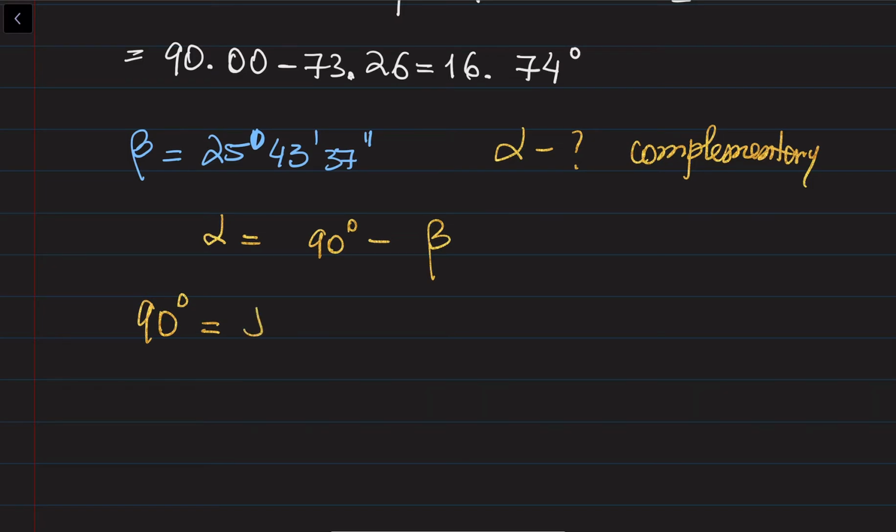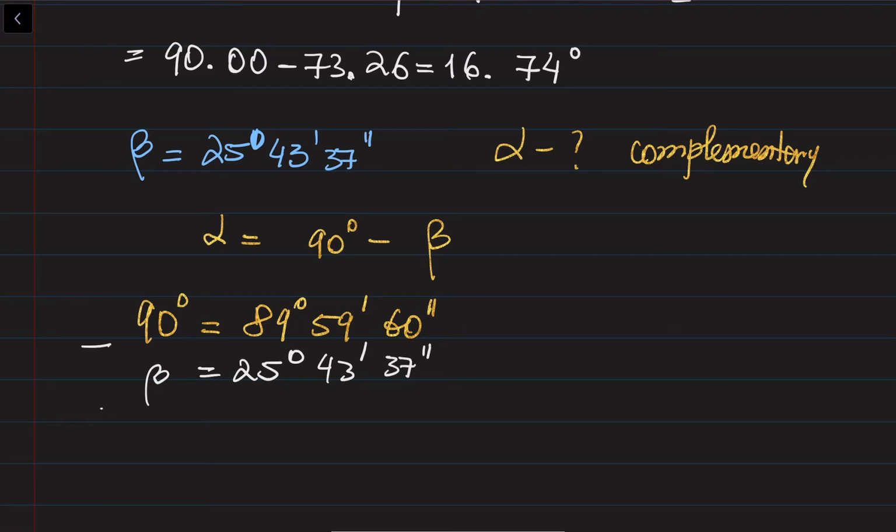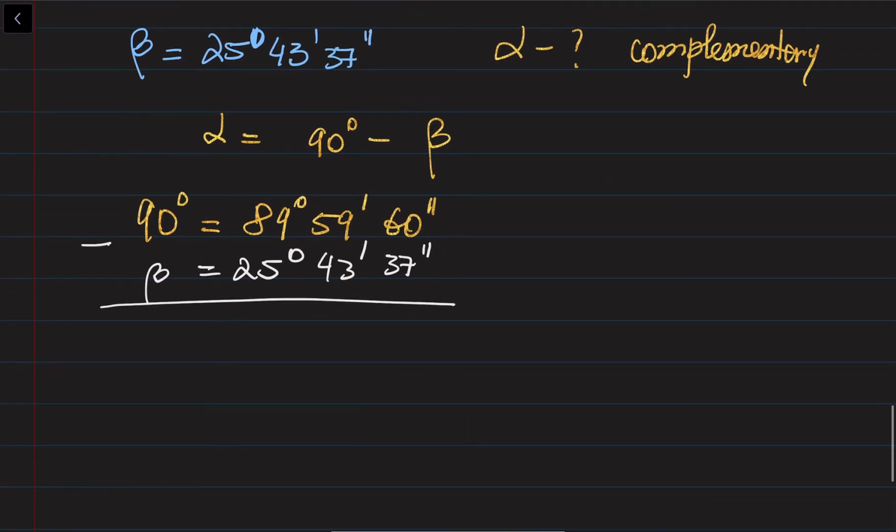I'm going to write this as 89 degrees, 59 minutes and 60 seconds. And then I'm going to subtract beta from this, which is equal to 25 degrees, 43 minutes, and 37 seconds. Okay? And then this is just a subtraction.